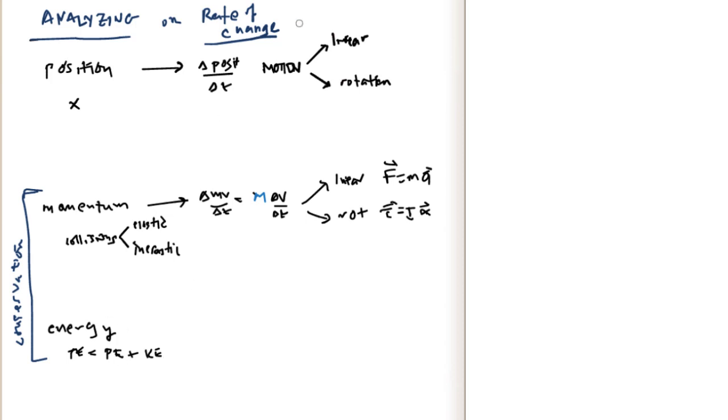For potential energy, you looked at two cases. You looked at gravitational potential energy, U equals mgh, and then elastic potential energy in a spring, where U equals kx squared over 2.